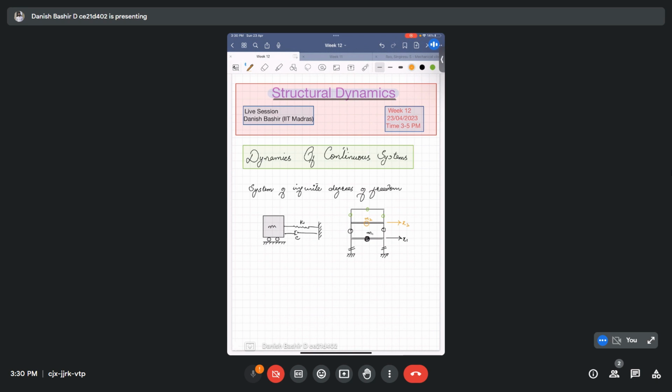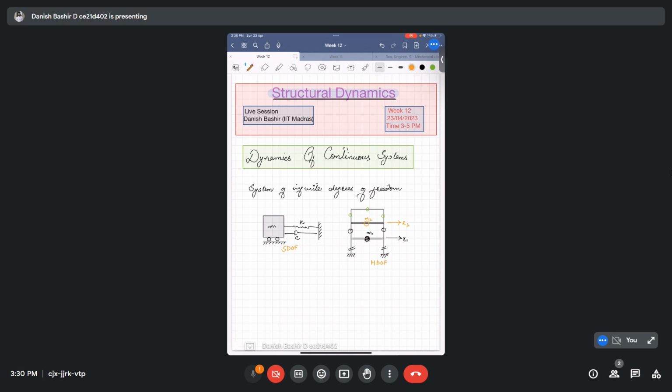So this was how we studied the discrete single degree of freedom system, and how we studied the discrete multi-degree of freedom system. In multi-degree of freedom systems, we usually lumped our masses at the points where we are required to define our degrees of freedom.